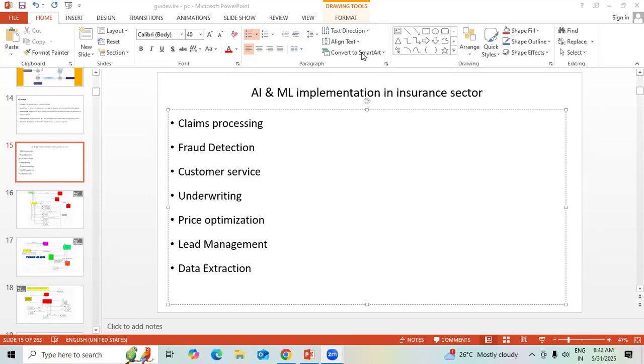Improving coverage recommendations, all these things are part of the underwriting process. So this is how machine learning can be useful when we are implementing AI and ML in the insurance sector.